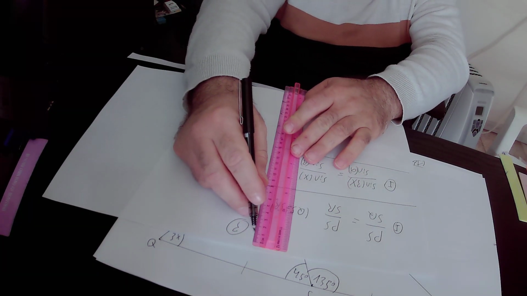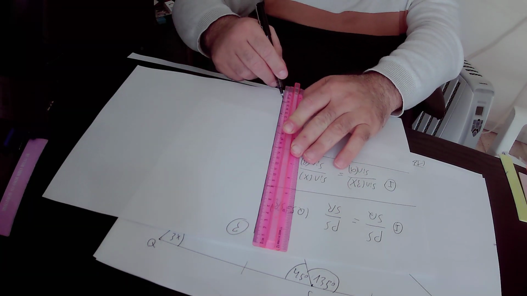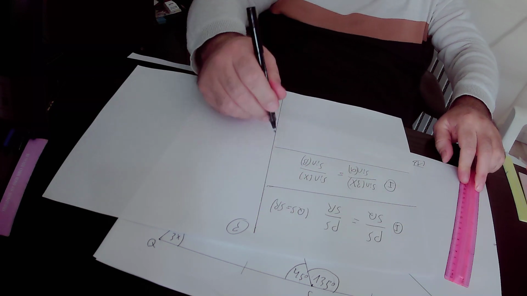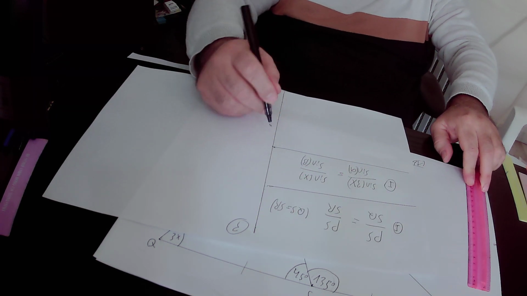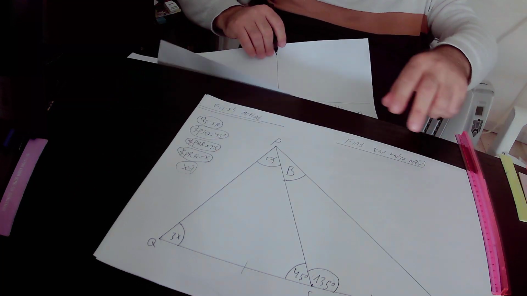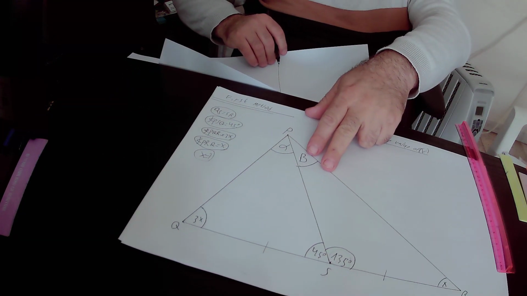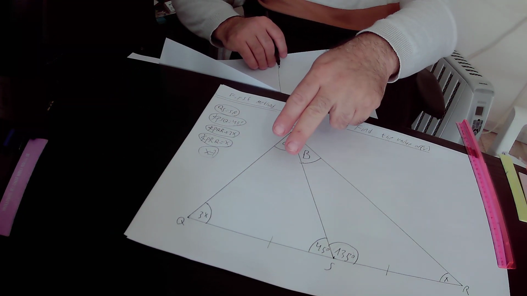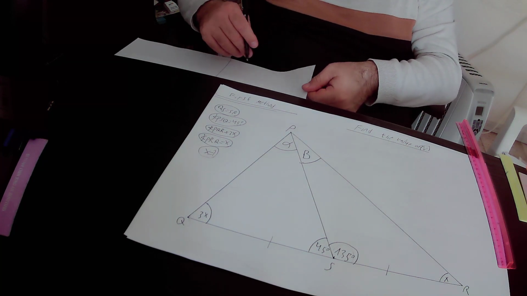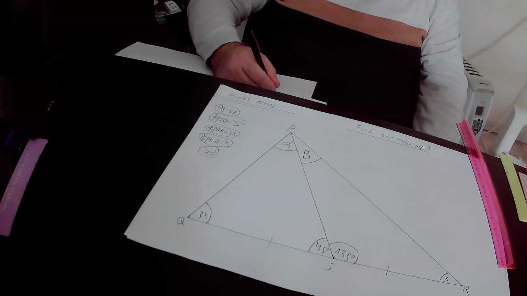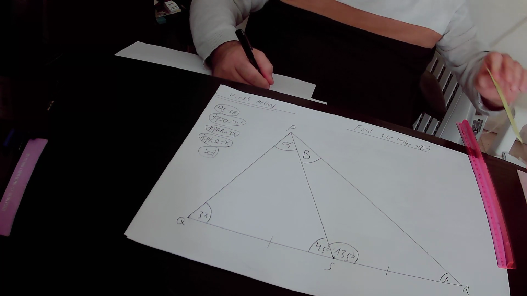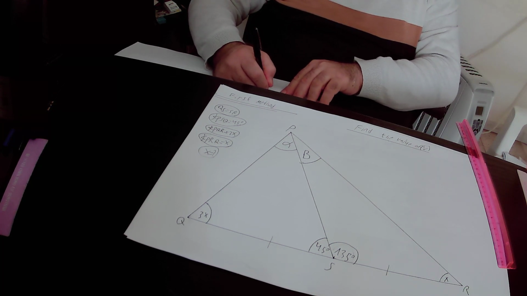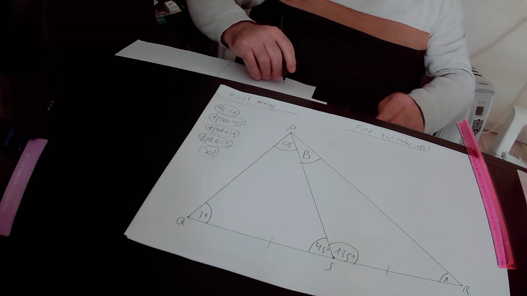We know that the sum of the angles in any triangle is equal to 180 degrees. So in triangle PQS, the sum of the angles inside triangle PQS is equal to 180 degrees.